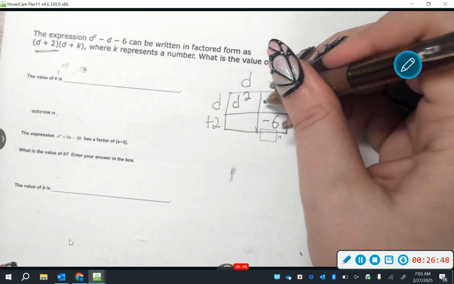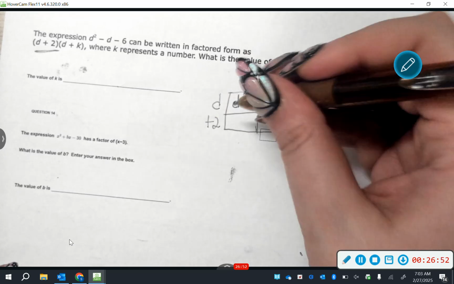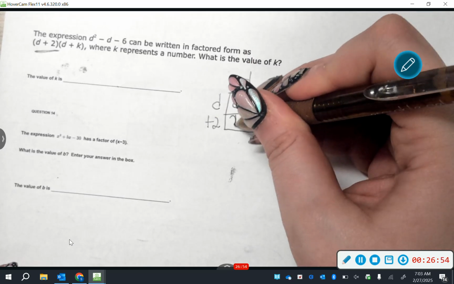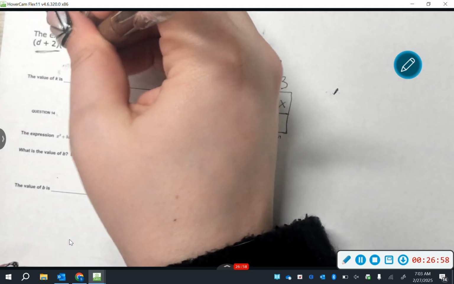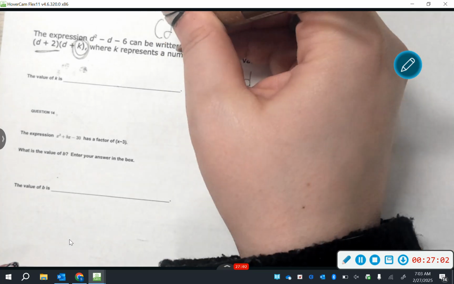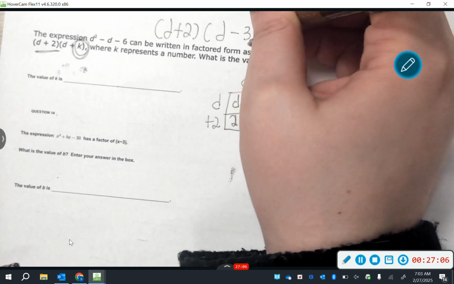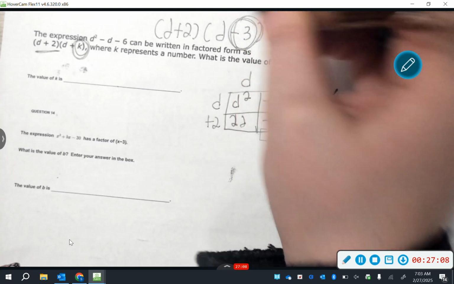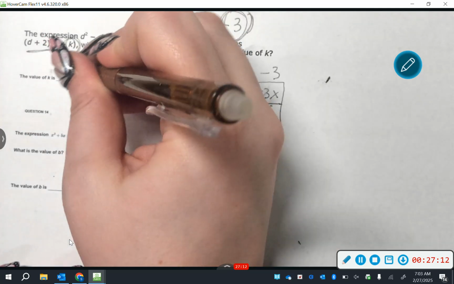D times negative 3 is negative 3d. D times 2 is 2d. So if I want k, I want this number right here. Our factors are d plus 2 and d minus 3. I want my other number in my factor. So the value of k is negative 3.